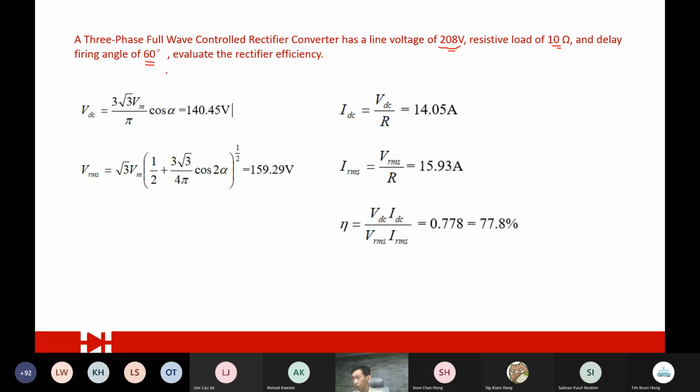It's more like substituting the values into the equation. You get the VDC, and you get the VAC, which is the VRMS. Then divided by R, you get the power DC and the power AC, and you get the efficiency, 77.8.